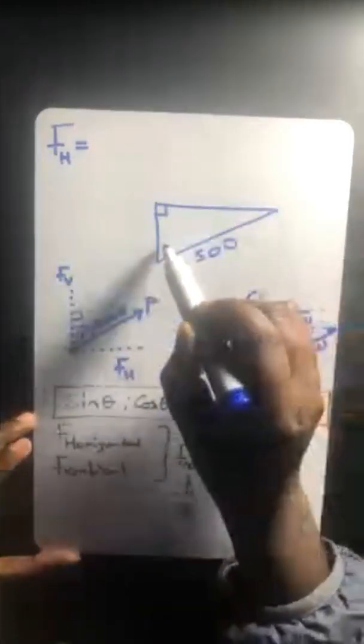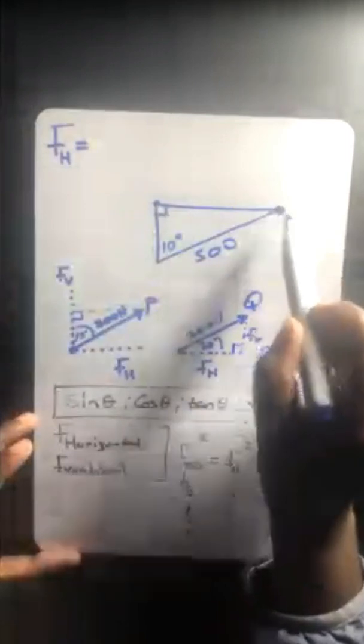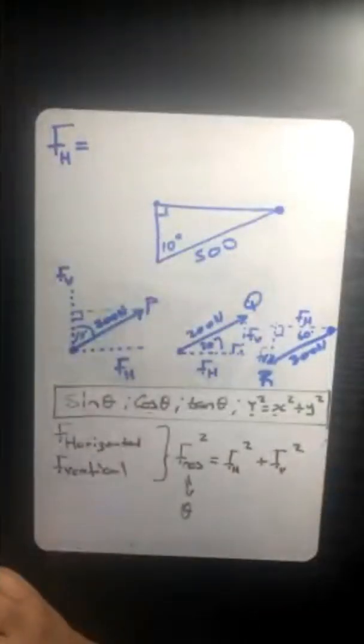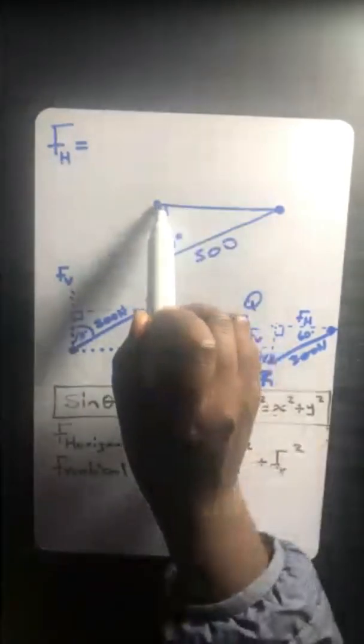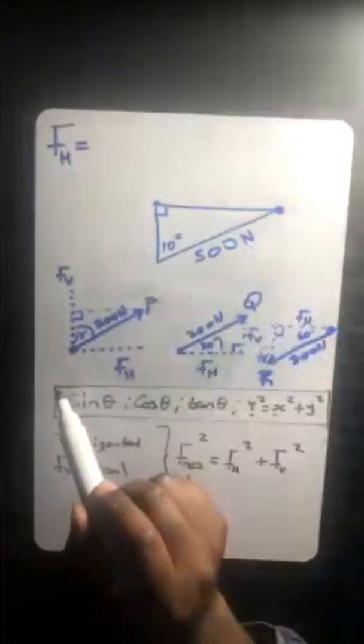Let me also remind you again, LB. Let me try to redraw that triangle and say we have 500 and we have 10 degrees. What we are looking for is this, being the horizontal axis. So my question was, which trig ratio are we going to use to find that side? And remember, LB, you mustn't be confused by the forces being 500 or whatever.